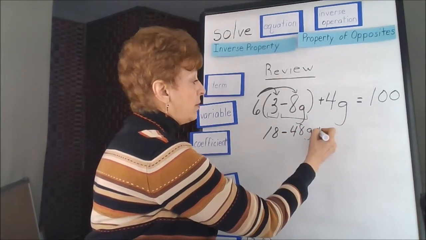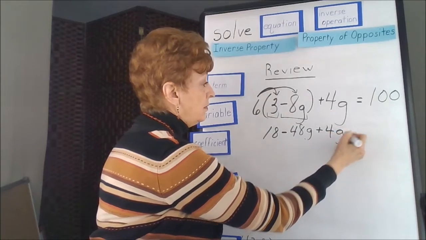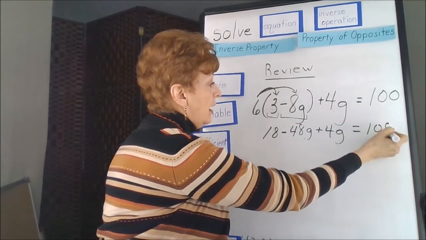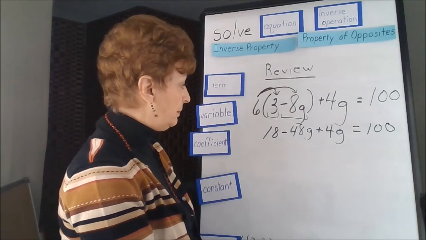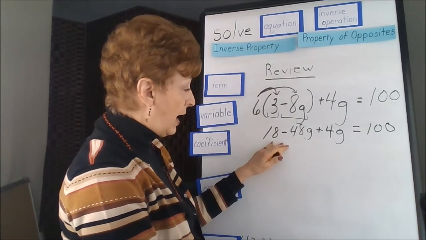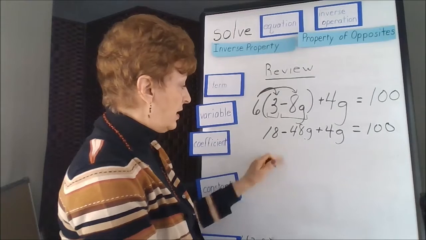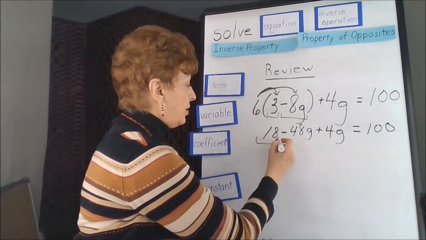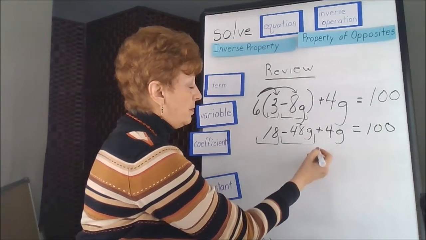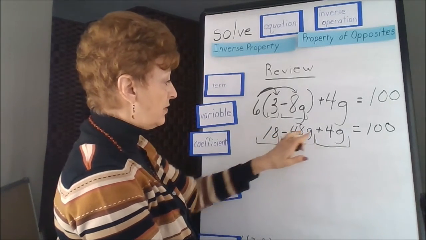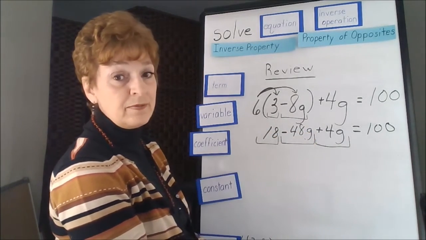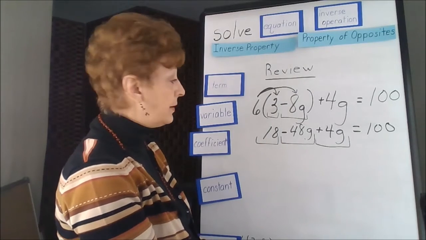I can copy the rest of my equation, and I'm looking again to see what my next step would be. I have parts of these terms. Here's a term, here's a term, and here's a term. I'm looking for positive and negative signs to show where my terms begin and end.